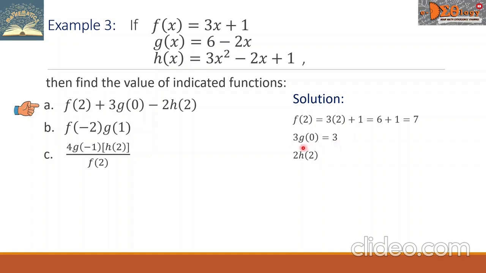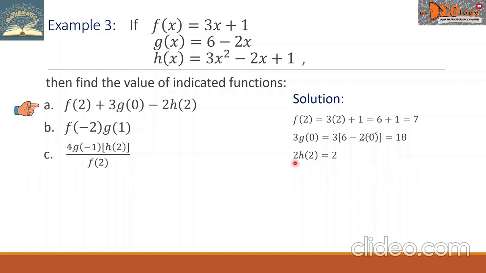Then we evaluate g of 0. Our g of x is here 6 minus 2x. So the g of 0 is 6 minus 2 times 0. This 2 times 0 is simply 0. So simply we multiply 3 by 6. So we have 18.